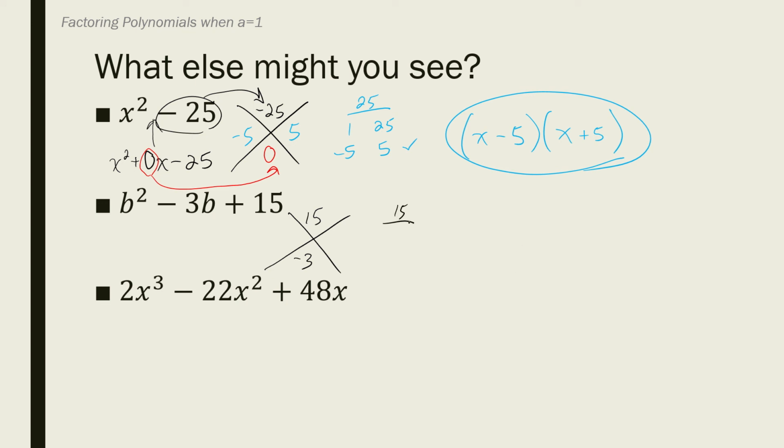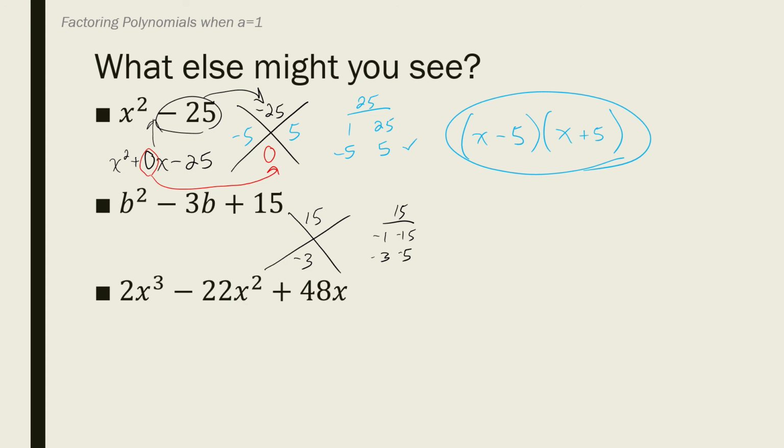Well, if I write my factors for 15, I have 1 and 15, I have 3 and 5, and that's it. If two numbers multiply to give me a positive, they have to be the same sign, so either both positive or both negative. If they combine to give me a negative, then both of them have to be negative.